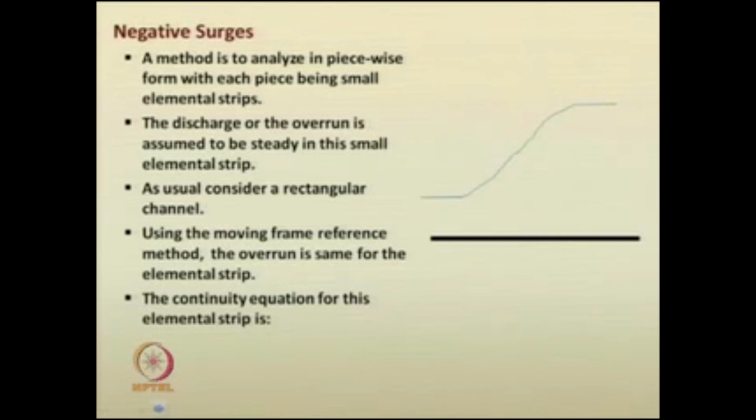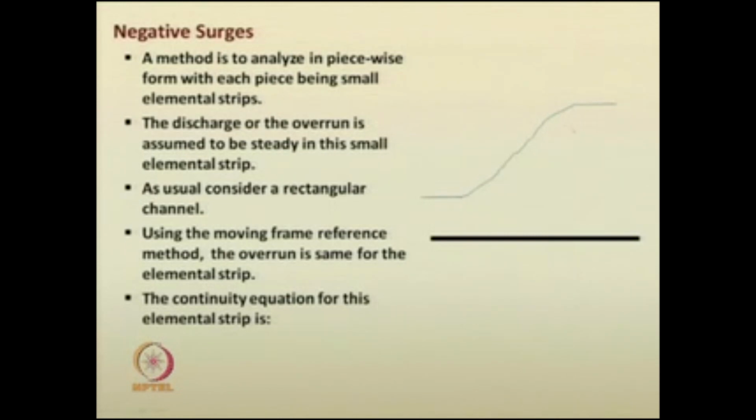So, what will we do? A method to analyze the negative surge or negative wave is to analyze it in a piecewise form, with each piece being a small elemental strip. Say this is a surge moving from upstream to downstream. I will just change the color for better visualization.